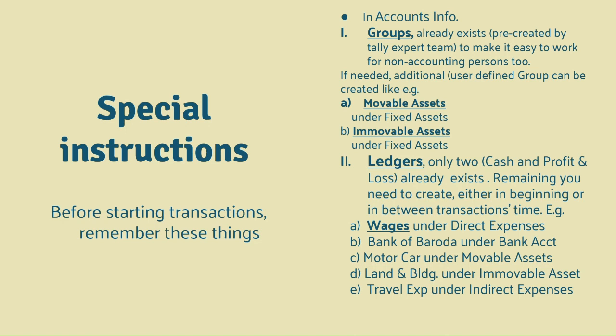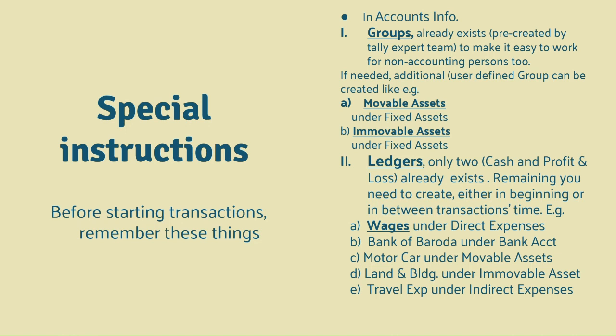And two ledgers are already created. So the remaining ledgers, in order to enter the transactions, you have to create. You can create them before entering the transactions, or while entering the transaction also, using a shortcut key, you can create certain ledgers.